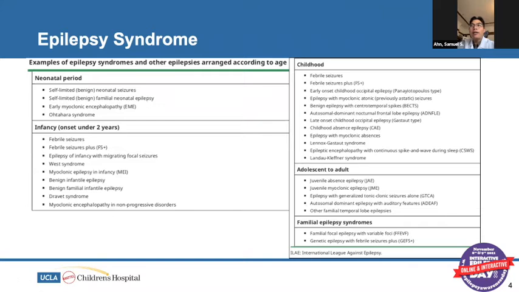So the ILAE has also described at least 30 different epilepsy syndromes. And a syndrome is essentially, aside from the seizures or the epilepsy, a cluster of features in a patient incorporating the seizure types, the EEG findings, perhaps neuroimaging or MRI findings that tend to occur together.